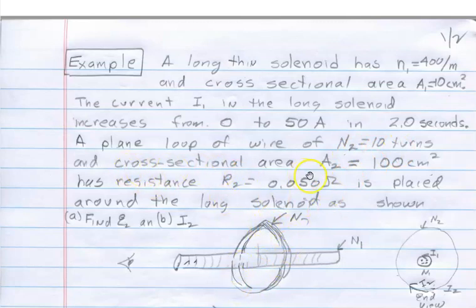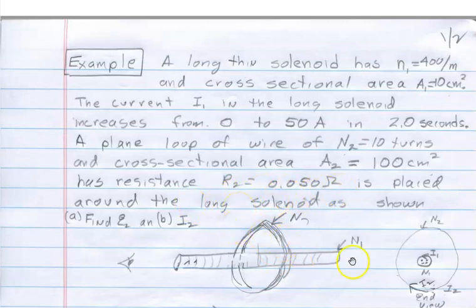But it has a larger cross-sectional area, 10 times the area, so it's a loop that encloses 100 square centimeters. And this outer coil of N turns has some resistance, 0.05 ohms.